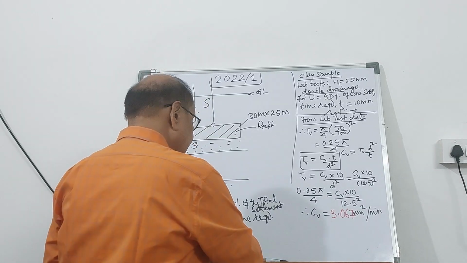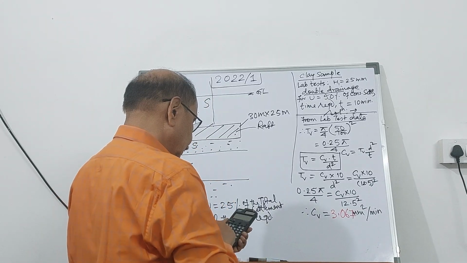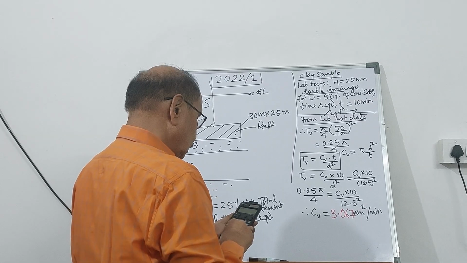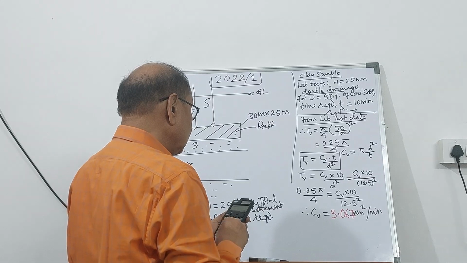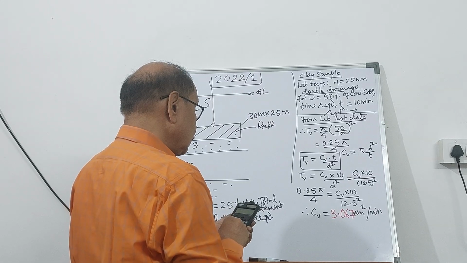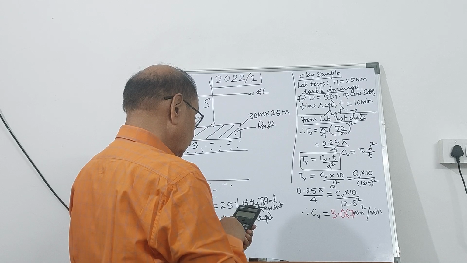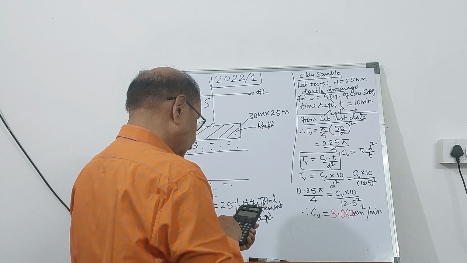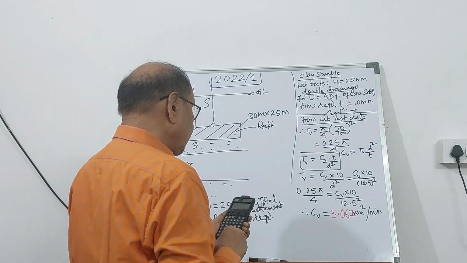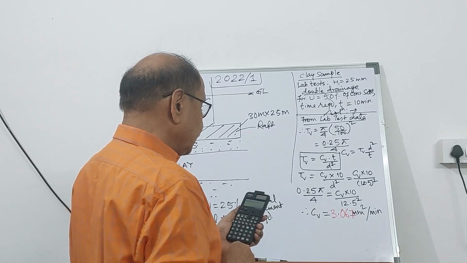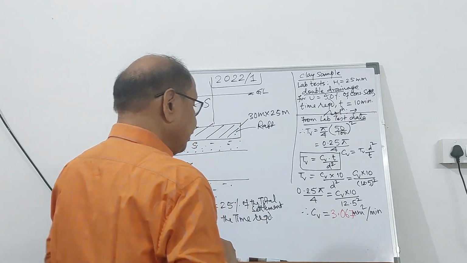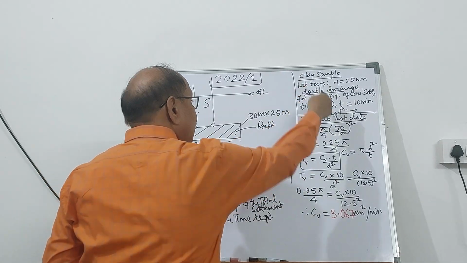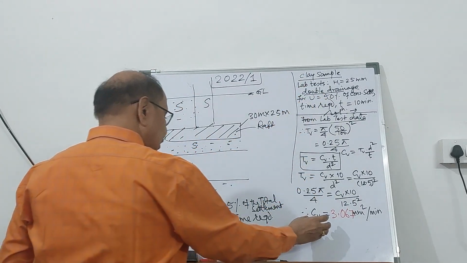Let me check once again. 3.067 millimeter square per minute. So value of CV from consolidation test, I am able to find it out.